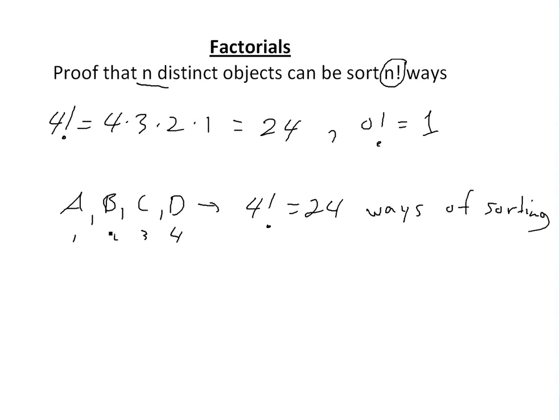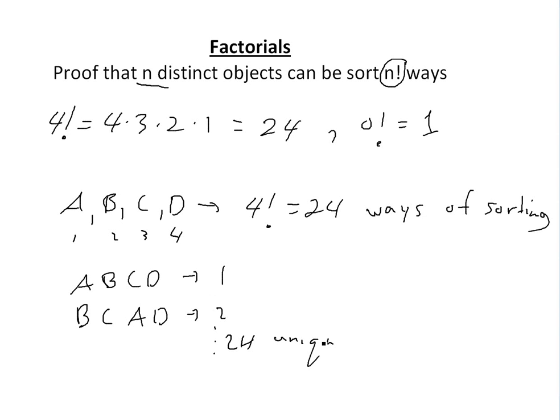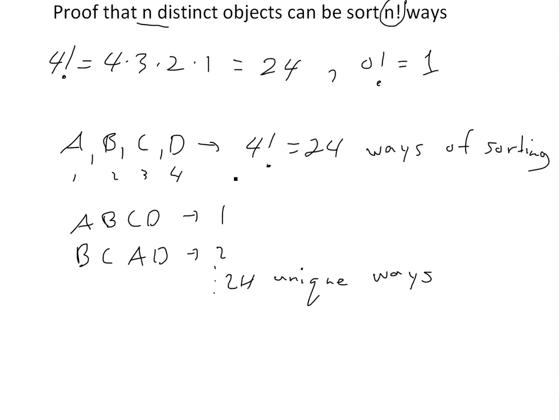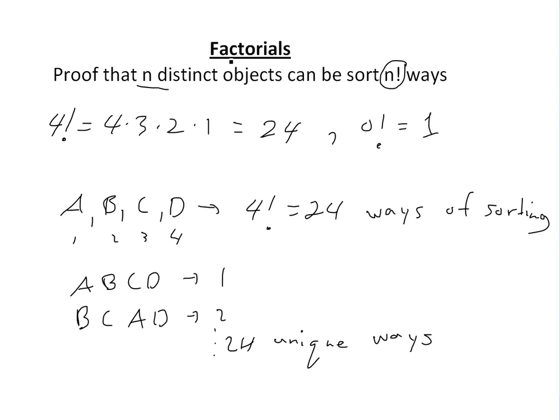What I mean by sorting is, if you have A, B, C, D, that's 1. If you have B, C, A, D, that's 2, and then you could do this all the way to 24. 24 unique ways.